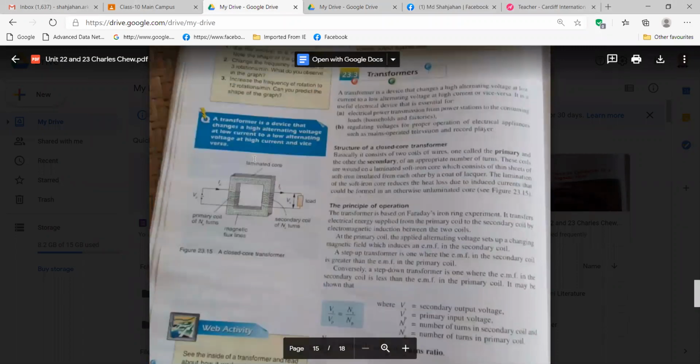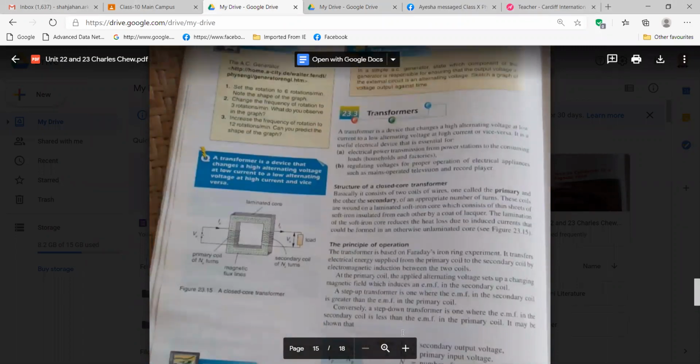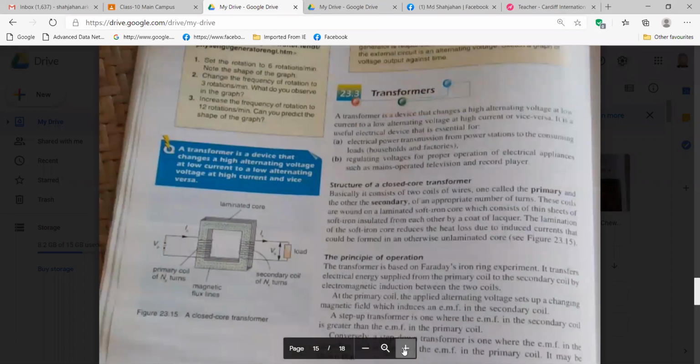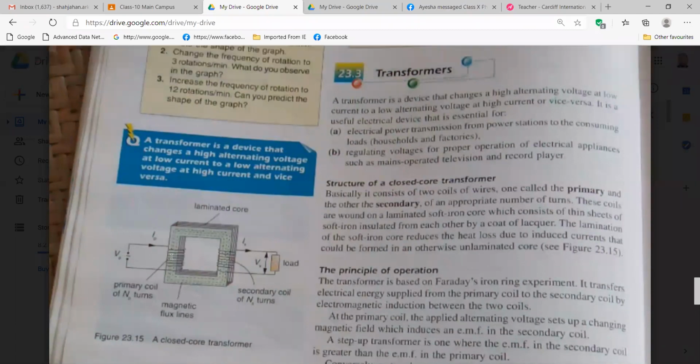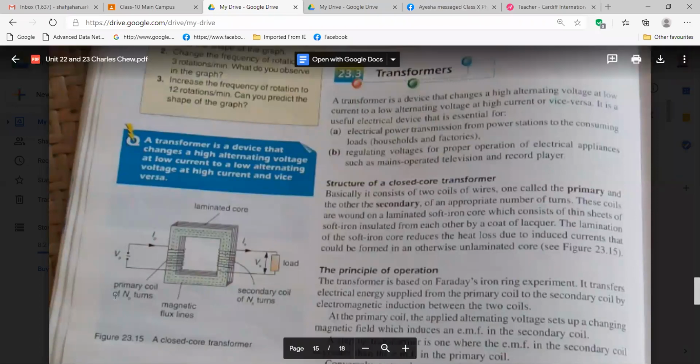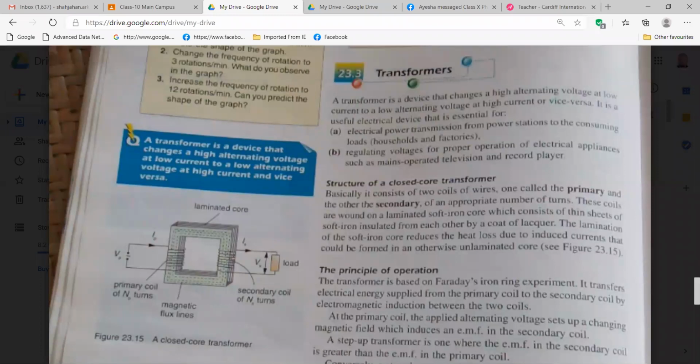Okay, it is the structure of transformer. Look, here we have the source voltage, that is called primary voltage, VP, and this VP is connected to the wires. You see the primary coil, which has number of turns NP, and we have another coil that is called secondary coil.